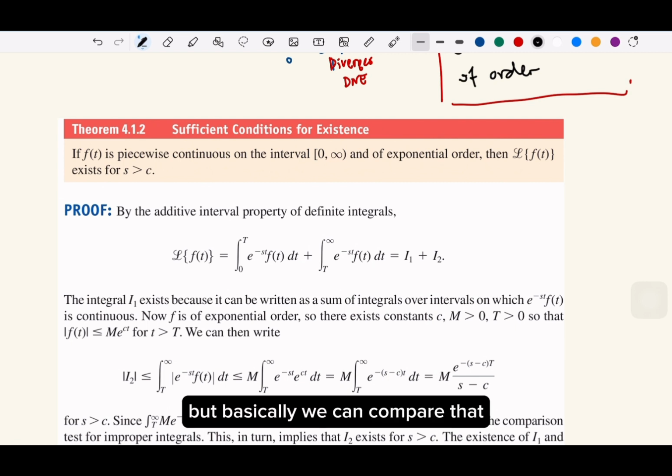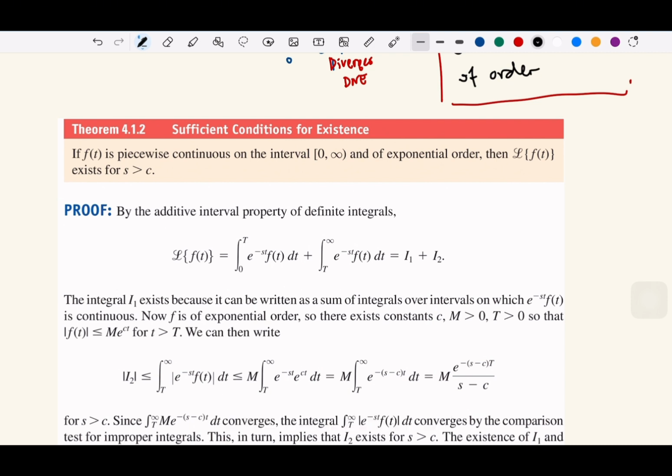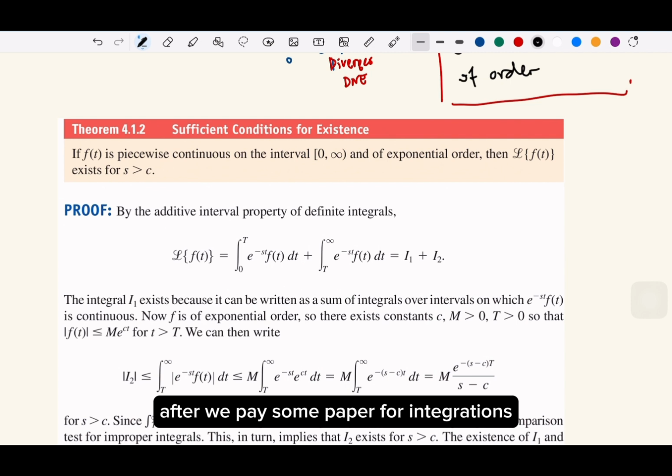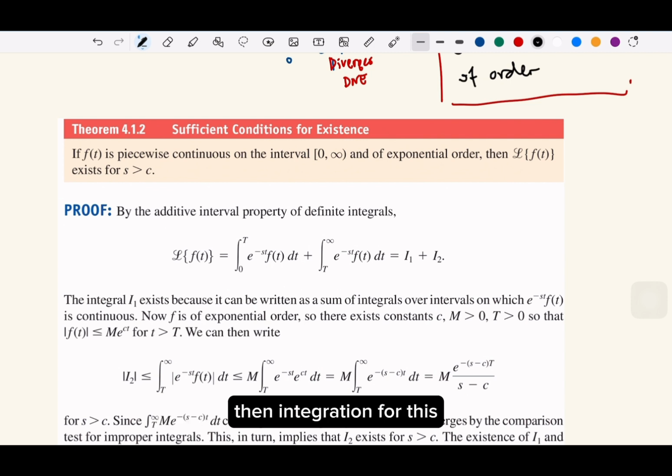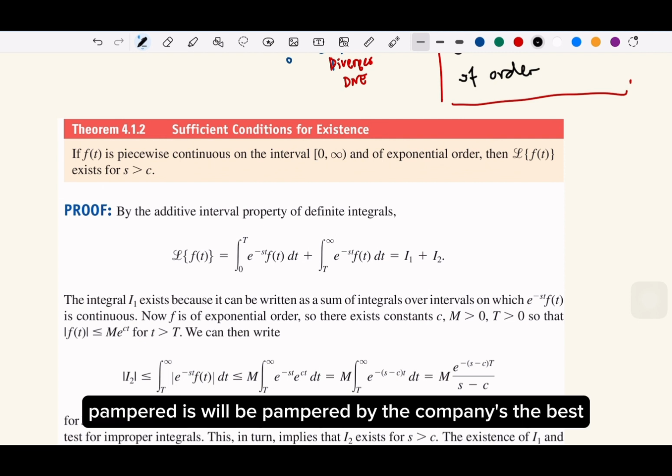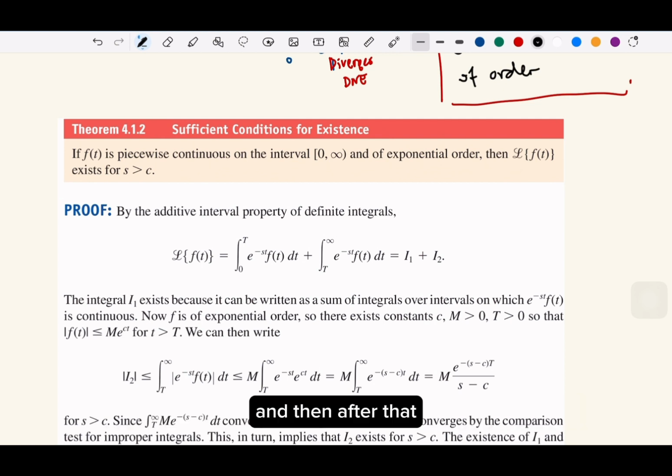So we can compare that this one will be equal to this one, and all of this will be equal. So we get this result here. After we take some improper integrals, since this one converges, the integration in the middle will also converge by the comparison test.